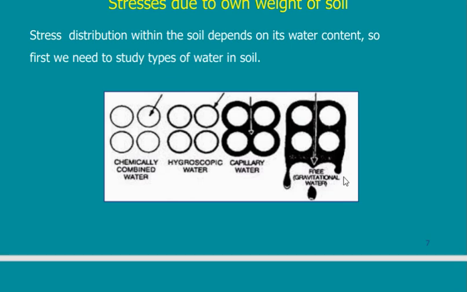Free gravitational water is any additional water you can add. If you add water to the soil, if you just bring water and add it on the soil, the added water will go to the voids inside the soil. So this free gravitational water is free and it is gravitational because it is affected by gravity, and it can move from one place to the other.